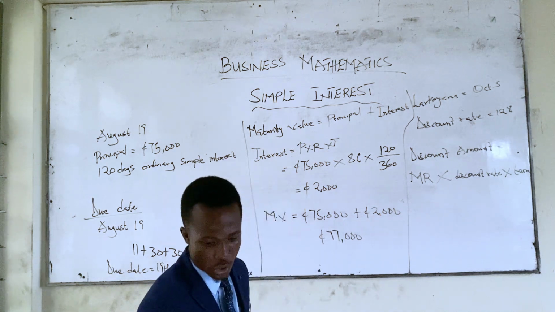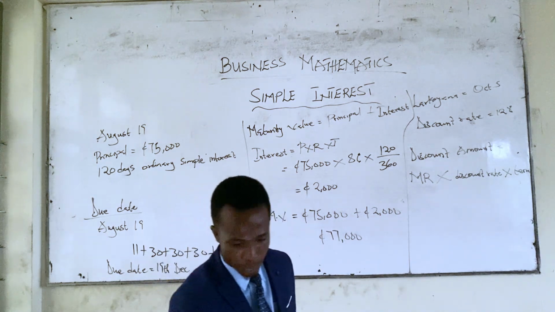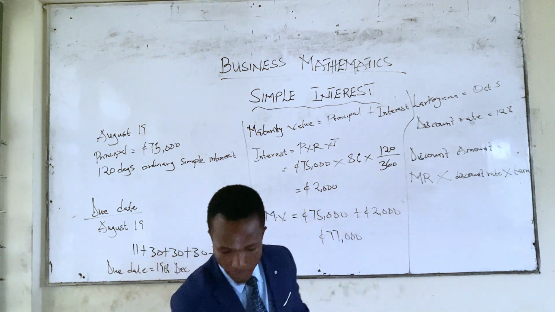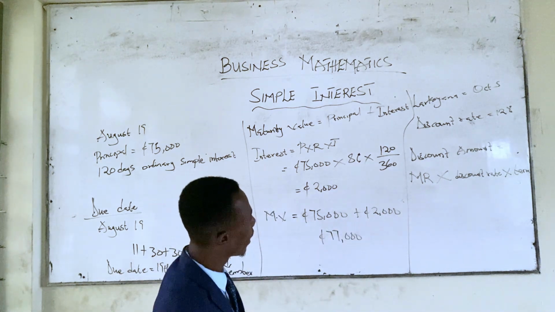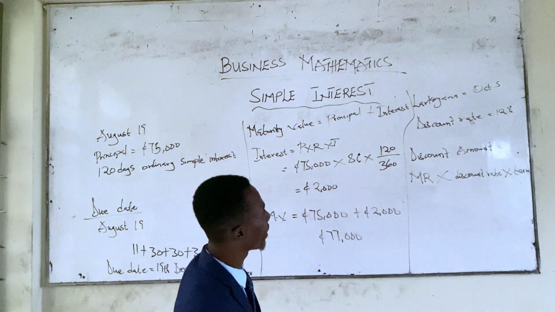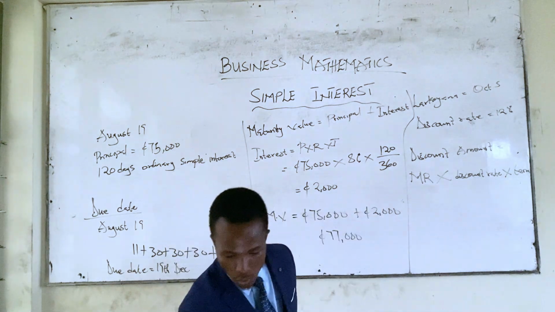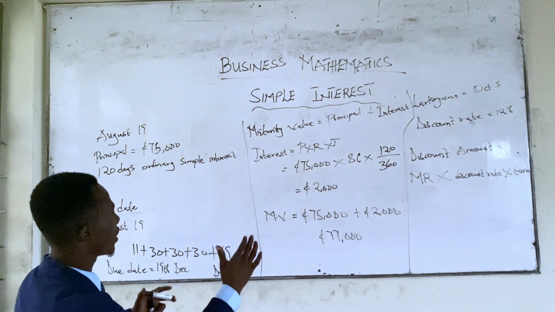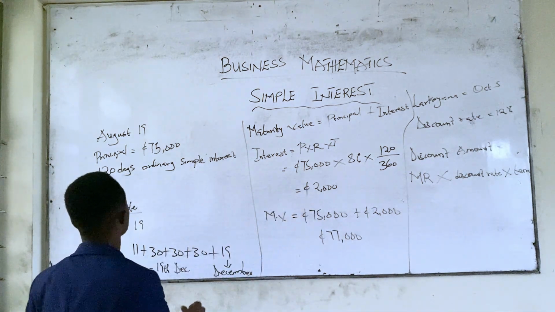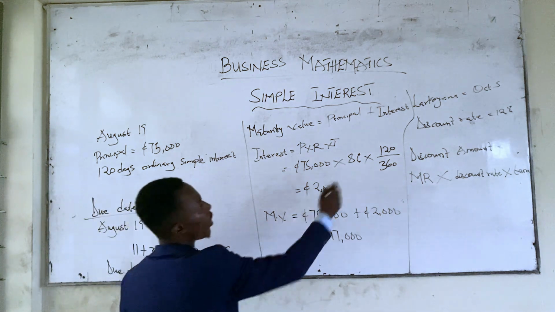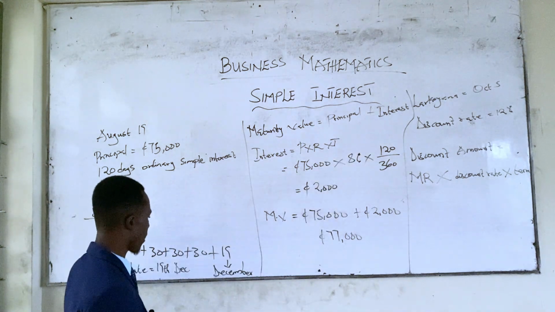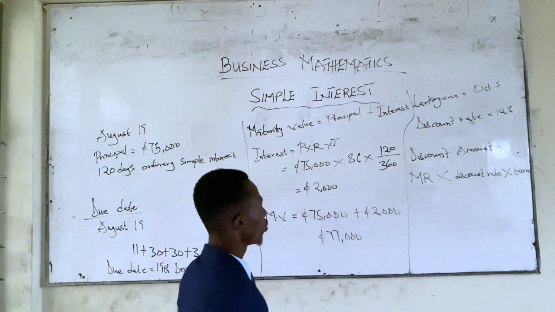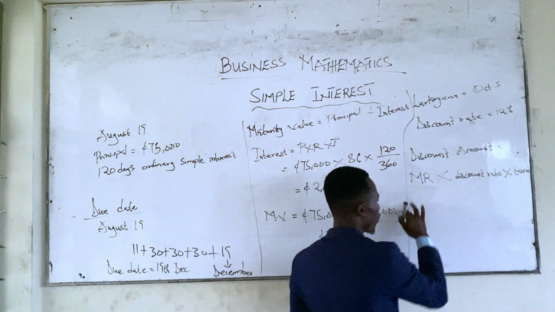So how are we going to do it? Let's first find out the parameters. We have the maturity value. Do we have the discount rate? It was given as 12%. Now all that we need here is the terms of discount, that is the number of days, from October 5th to December 19th.